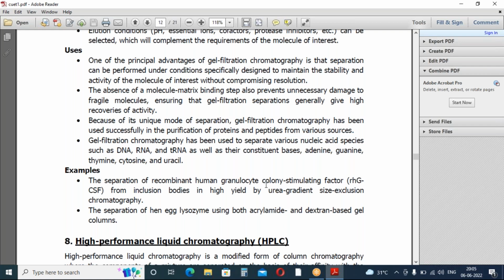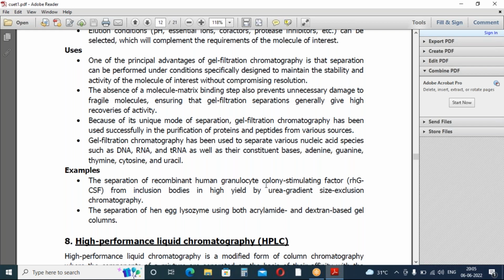Recombinant human granulocyte colony stimulating factor, that is present in inclusion bodies, is separated by this gel filtration chromatography. The gel filtration chromatography used here is the urea gradient size exclusion chromatography, and that is mainly based on the gradients in this gel.